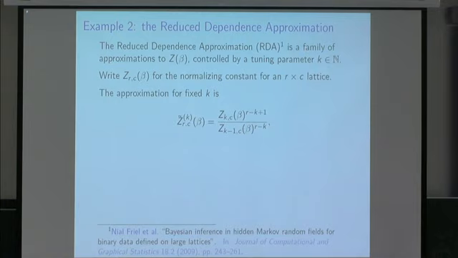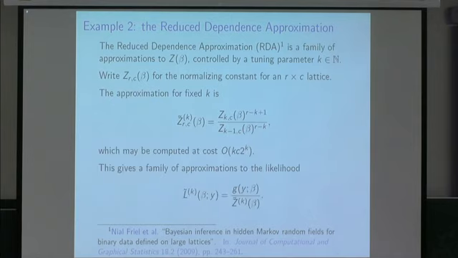I don't expect it to be immediately obvious why this is going to be a good approximation, but you can see that it uses these approximations from grids with a small number of rows and a very large number of columns, so it should be fairly efficient to compute. And in fact, just plugging into the formula from before, that means you could compute that at cost of the order k times c times 2 to the k.